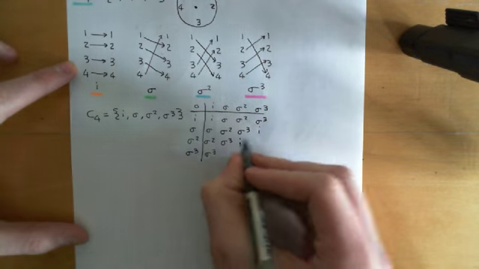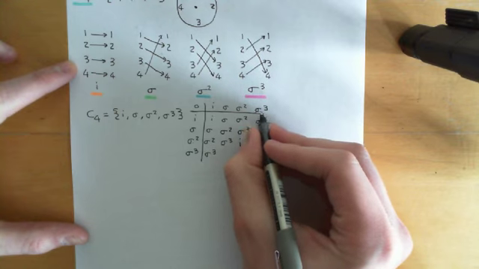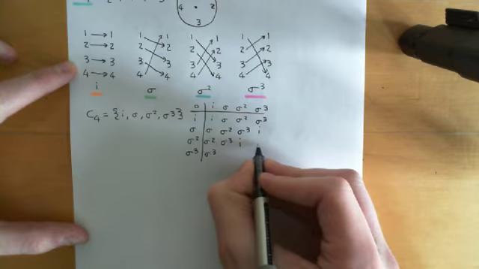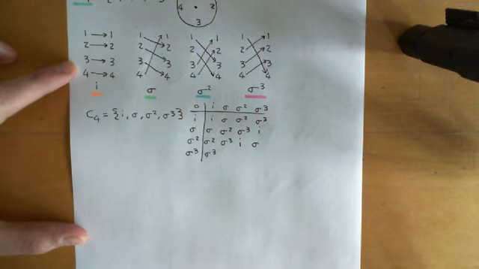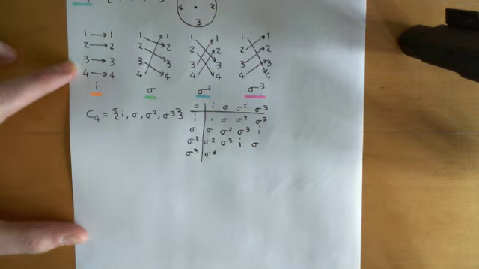Then we'll have sigma squared composed with sigma to the power of 3. That means rotate by 270 degrees and then rotate by 180 degrees. That is equivalent to rotating by 90 degrees, because the rotation by 360 degrees doesn't do anything, and then you rotate on top of that by another 90 degrees, and that reduces you back to overall rotating by 90 degrees. Sigma cubed composed with sigma, that's rotate by 90 and then rotate by 270, that's the identity.